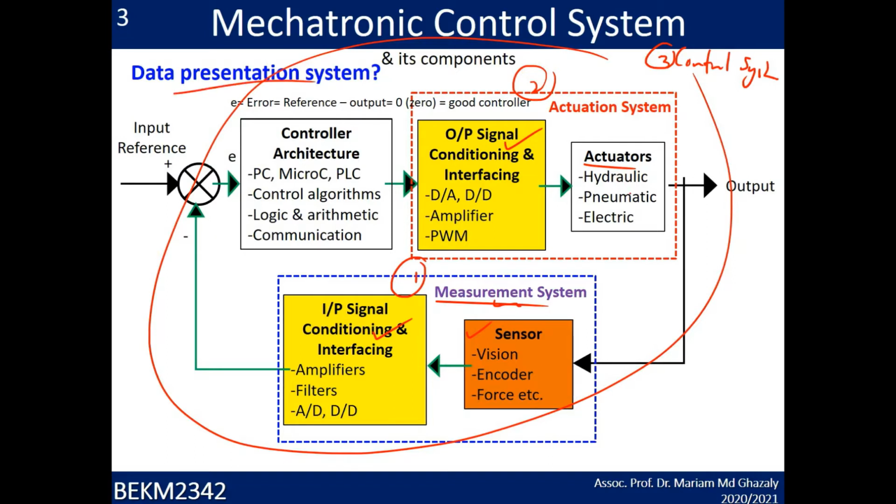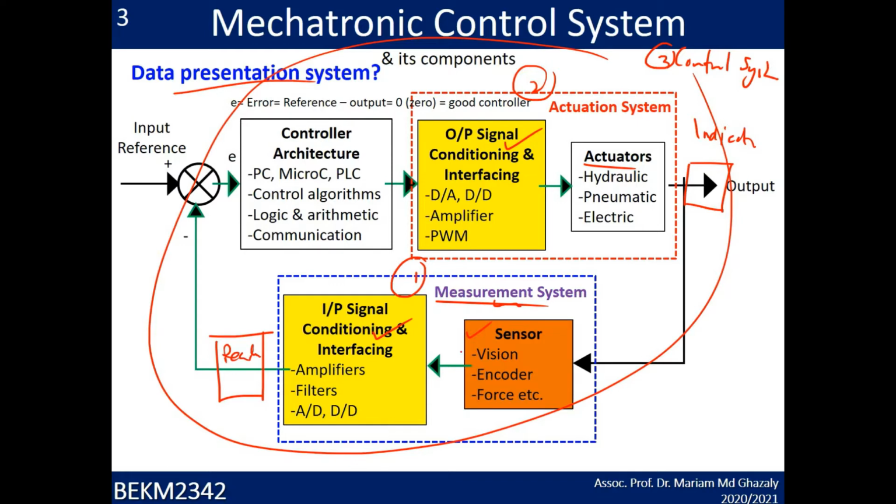There are two ways to integrate it into this mechatronic control system. First option is to apply it directly after the actuator as an indicator, which means you can apply this as an alarm. Or you can add it directly after the measurement system as a recorder.